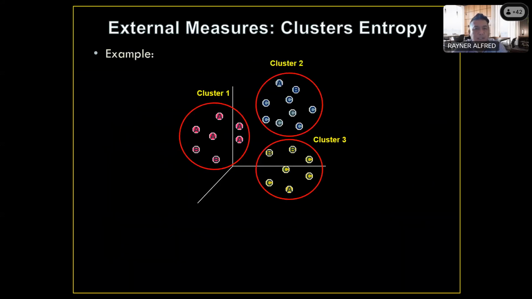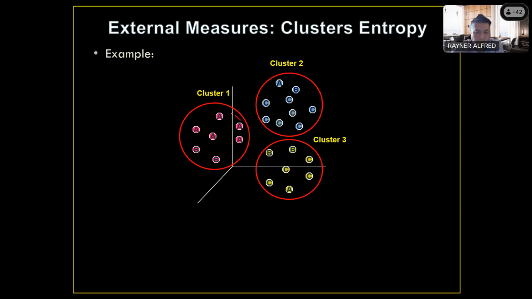Okay, can you see cluster 1, 2, 3, and also the labels of the data inside the clusters? Okay, so what we want to do is find a measurement that we can use to show the purity of the cluster.